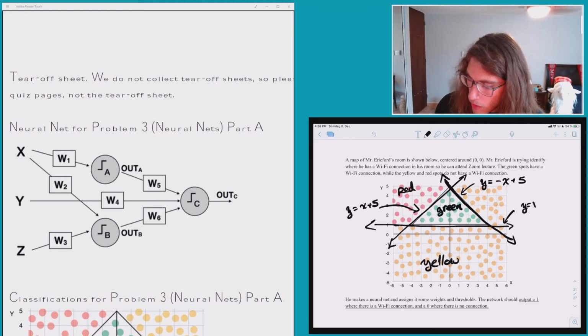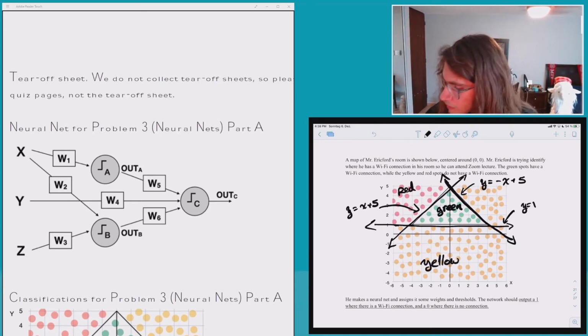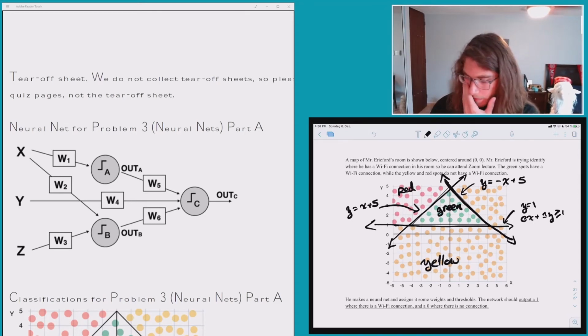Now that I have the equations of the 3 lines, I can start writing them in a more useful form for filling in the values for the neural network. This y equals 1 equation I can rewrite as 0x plus 1y is equal to 1, and because I want everything that is above that line, I want this to be greater than or equal to 1.